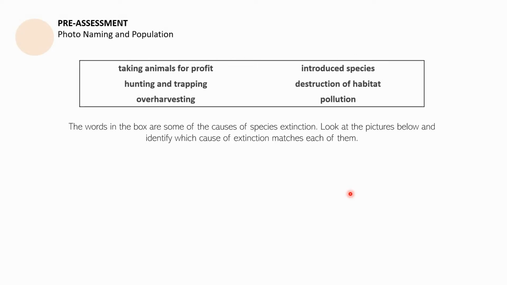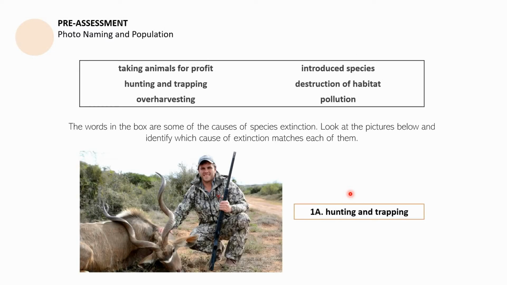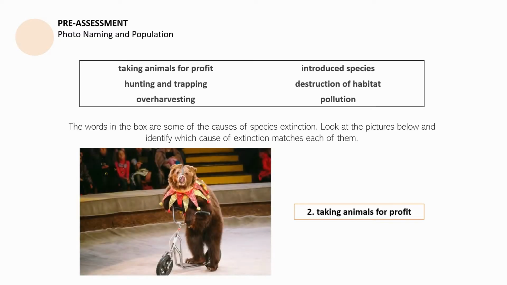The answer for photo number 1 is hunting and trapping. He is obviously holding a rifle. Is that a rifle? I am not sure, but you know what I mean. And this organism right here appears to be dead. And then photo number 2, taking animals for profit.